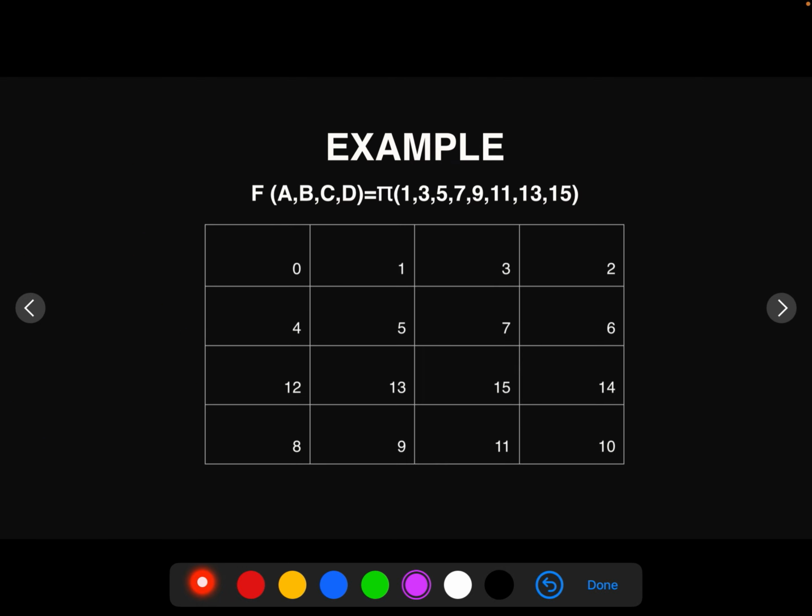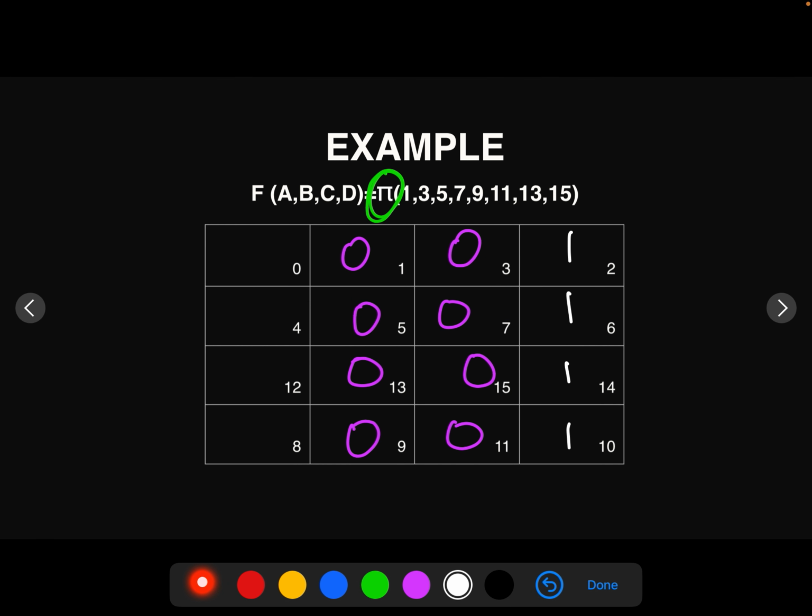Now let's move on to a very quick example just to collect everything that we've learned. As I said, we denote POS by the symbol pi. So we place a corresponding 0 for every number over here: 1, 3, 5, 7, 9, 11, 13, and 15. In the remaining boxes, we fill them up with a 1, the opposite of what we did with SOP.